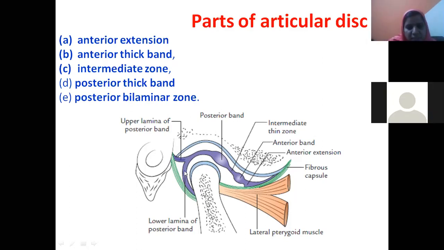So now see, I hope you have seen this intra-articular disc and its parts thoroughly.